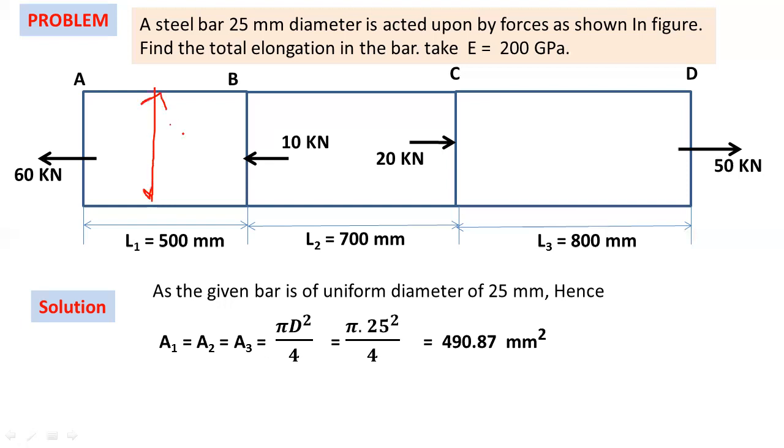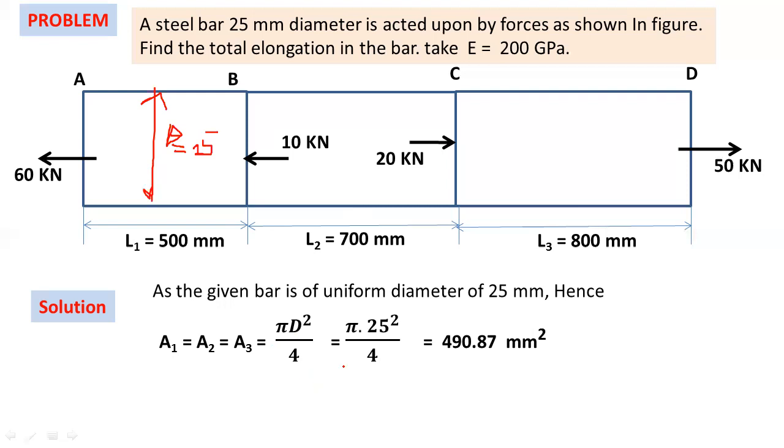This is diameter D. Diameter D equals 25 mm. So 25 mm is the diameter of this bar. By using diameter D equal to 25 mm, the cross sectional area for bar AB, bar BC and bar CD, A1 equals A2 equals A3 equals pi by 4 D square.